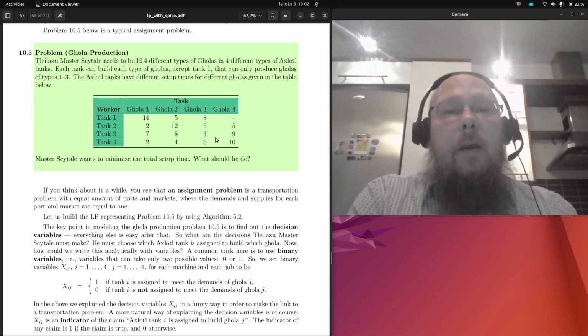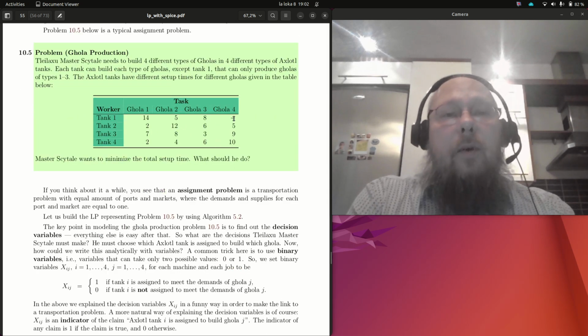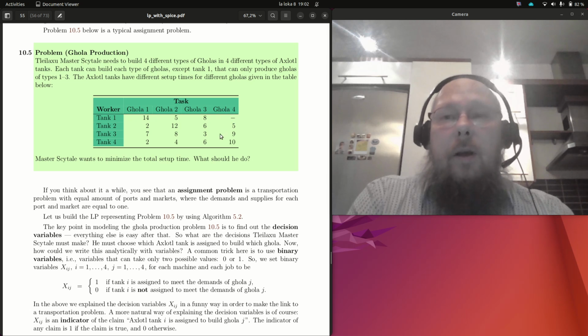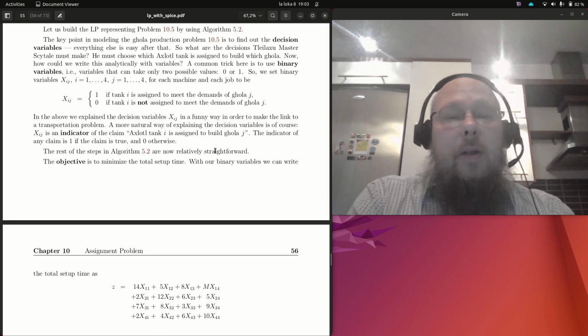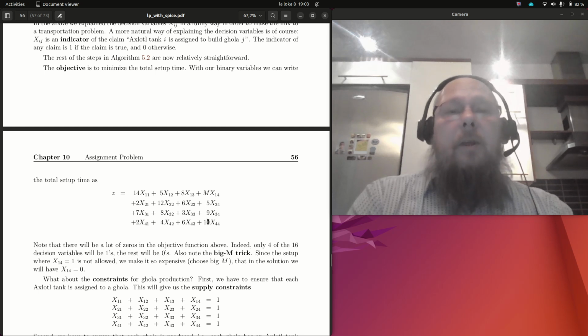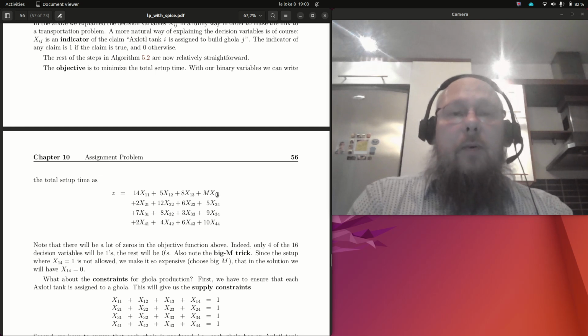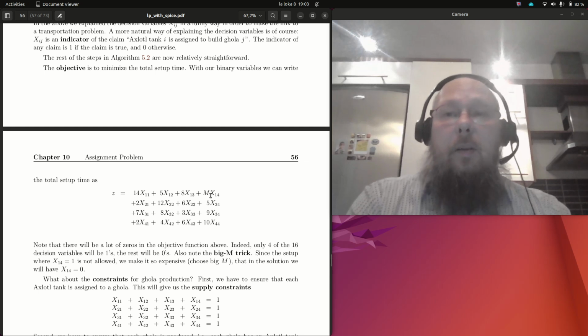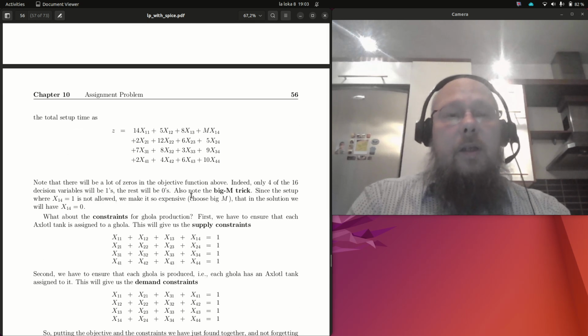We make the cost c14 associated with x14 a very big number, let's call it a big M, something like 10 or 100 times all the other numbers. So in the solution, x14 must be 0. We have seen this big M trick before.